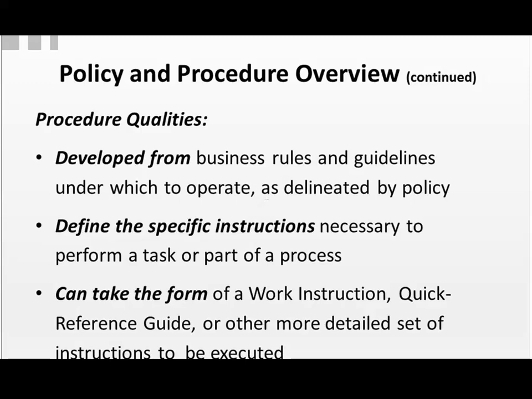A WI or work instruction, a quick reference guide, a QRG, or any other type of detailed set of instructions can be used in place of a specific procedure. In cases where we talk about manufacturing, where there are very, very detailed and elaborate steps that have to be taken, often these are deemed to be work instructions, but that's something for your company to choose.